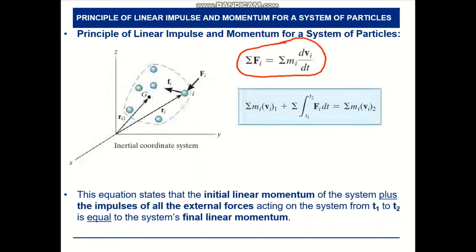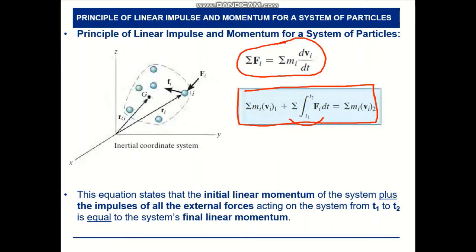We take into the left hand side this dt term, and then we just end up with each mass multiplied by each velocity, and the sum of all of it plus the impulse of this external force is equal to all these masses multiplied by each final velocity, the sum. We have the final equation of this momentum and impulse equation.